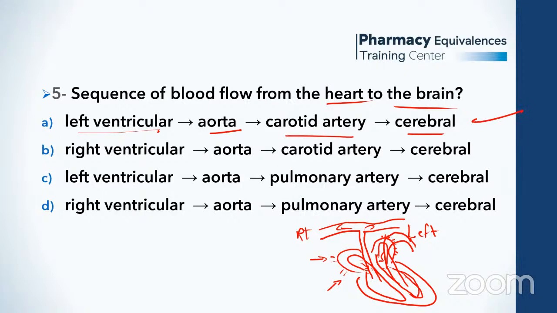While the others: from right ventricle to aorta, the right will not connect directly to the aorta, so it is a wrong sequence. From left ventricle to aorta to pulmonary artery, this is a wrong sequence. From right ventricle to aorta, again, it is a wrong sequence.